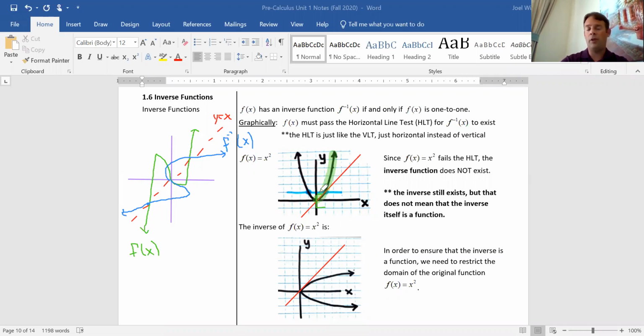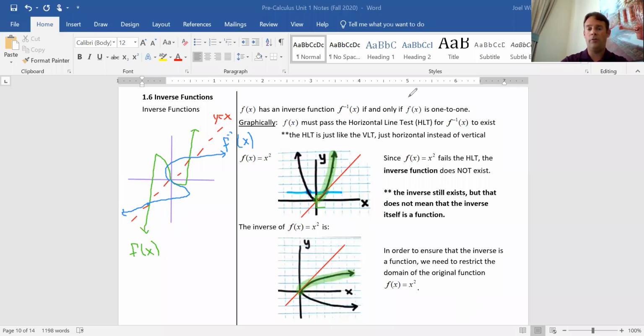And by limiting the domain, by restricting it, what ends up happening is when I reflect whatever I limit it to, now my inverse relationship also would have been a function. So although this is a function, I limit the domain so that when I do the inverse, it's also a function.